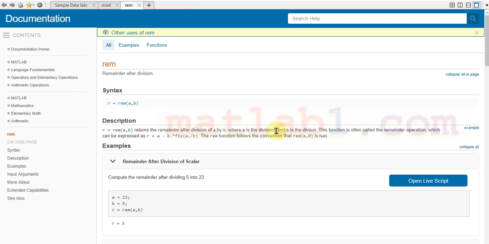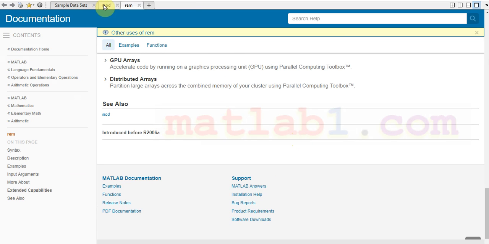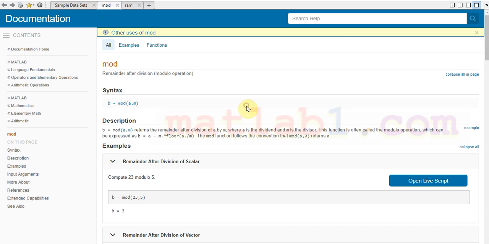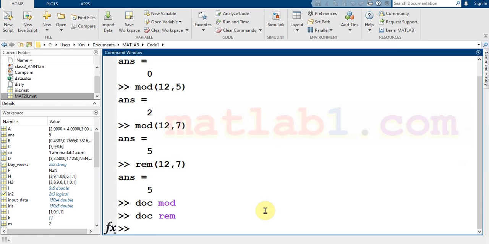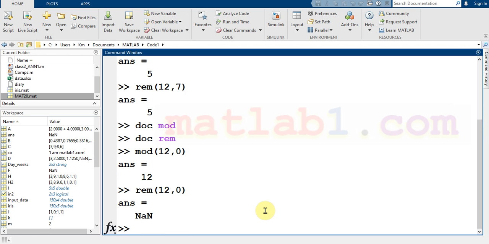What was the difference between fix and floor? It was in the direction of the rounding. So mod 12 and 0 is 12, but rem 12 and 0 is NaN.